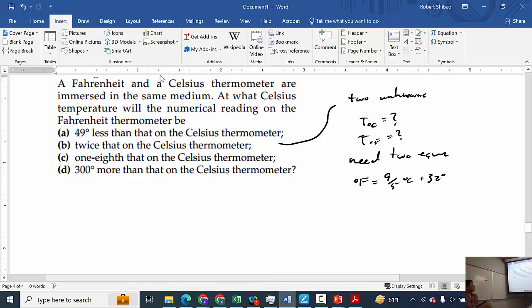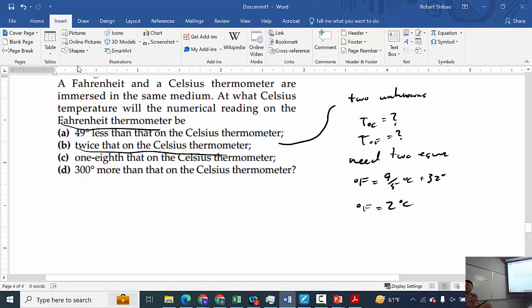You could say that Fahrenheit is equal to twice the degrees Celsius. Yes. The Fahrenheit thermometer will be twice the Celsius thermometer. So degrees Fahrenheit is equal to 2 times degrees Celsius.